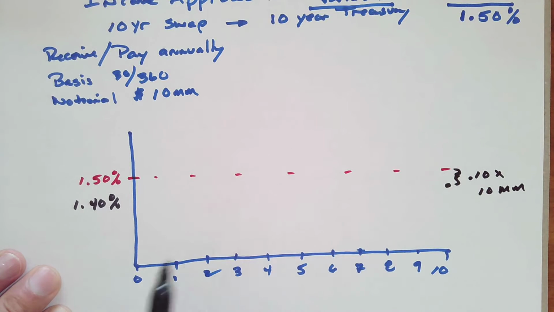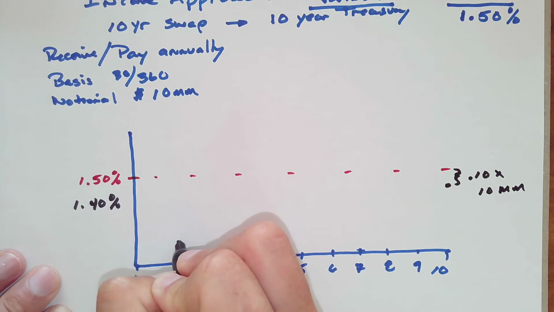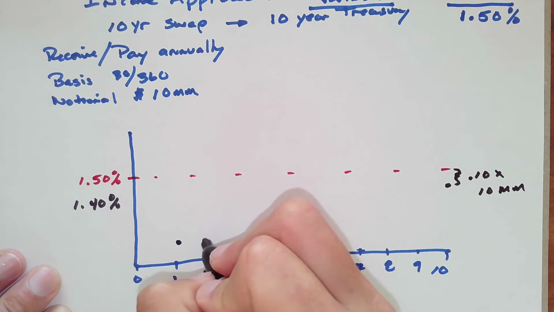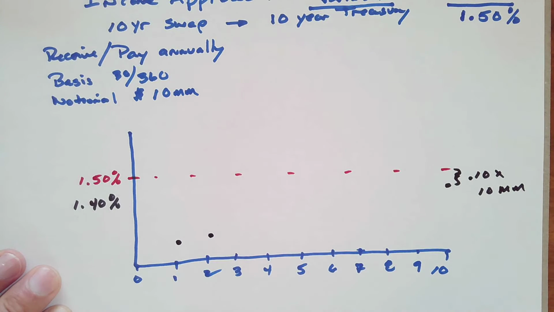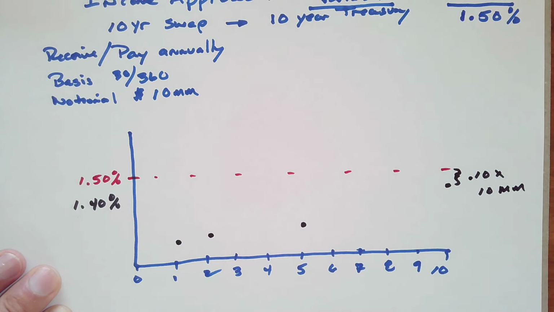We can go in and take a look at where we think the 1-year bill is. And the 1-year bill may be down here somewhere. And the 2-year might be a little bit higher. The 5-year might be around here. The 7-year here. Okay?